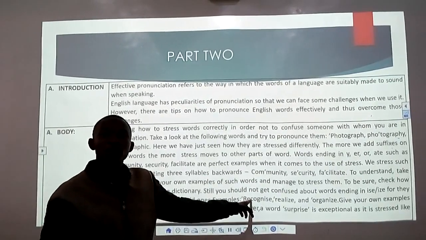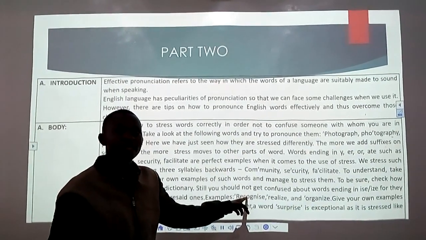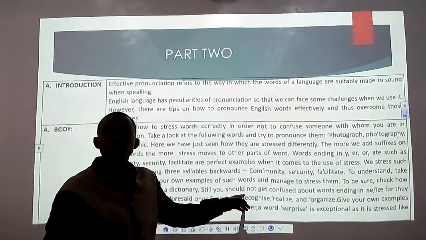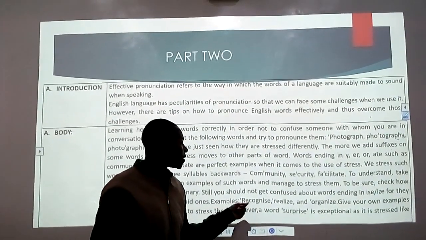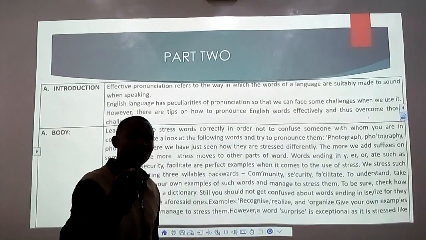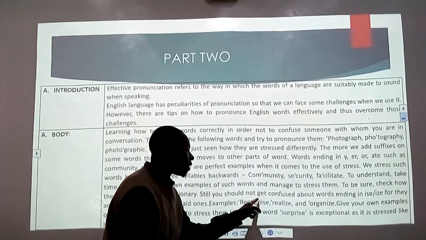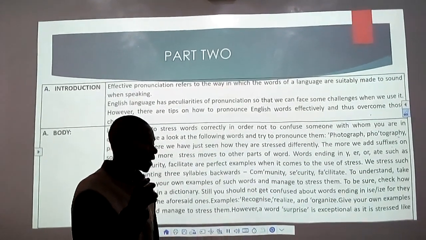Some people mispronounce it by saying recognize with the wrong stress, but it is not correct. Why so? If you say it like this, the stress is on the wrong syllable, which is not correct.